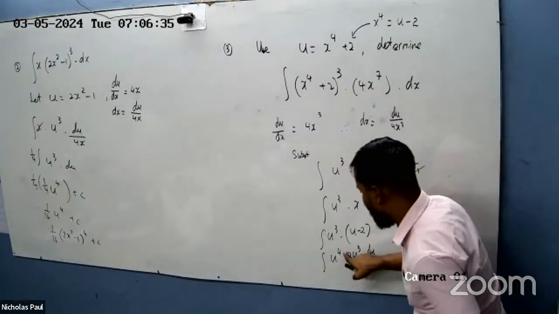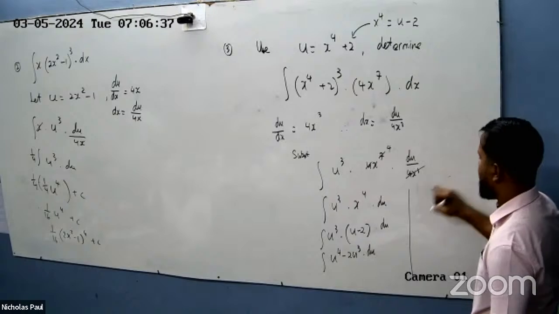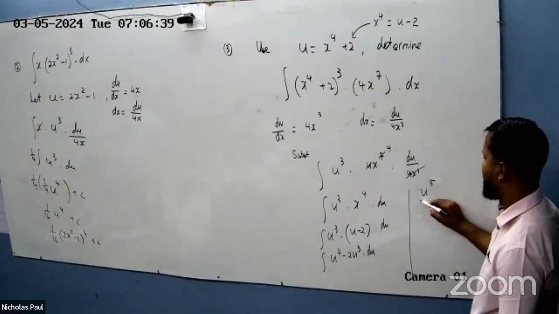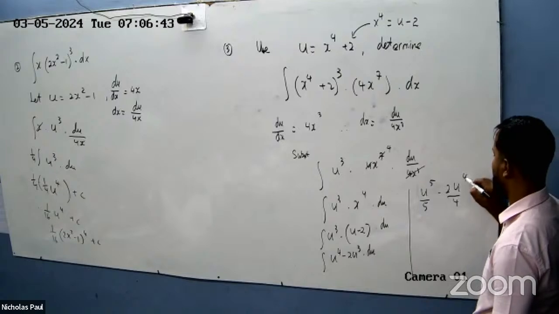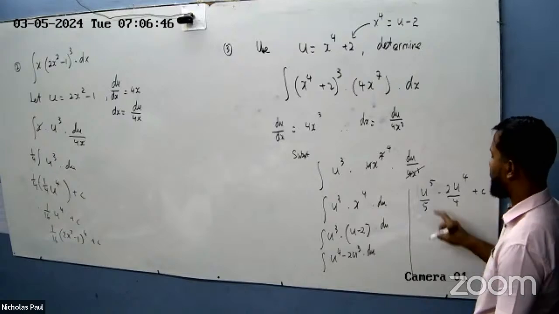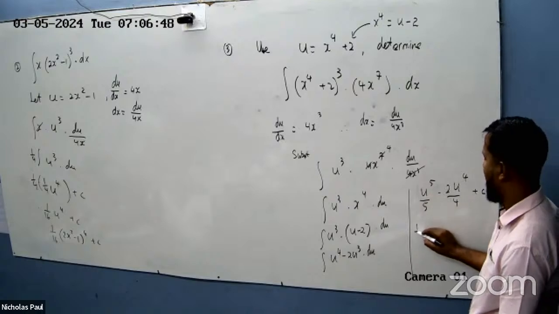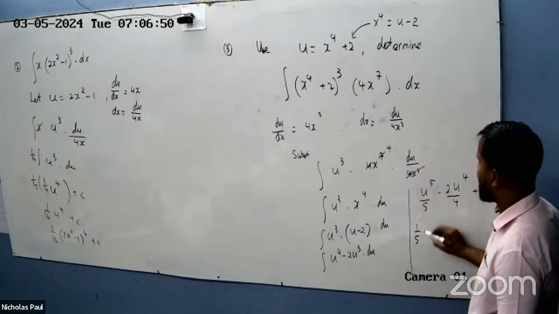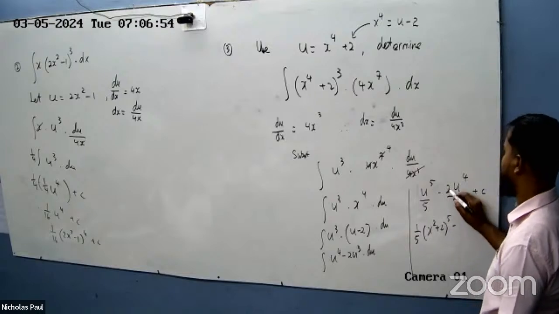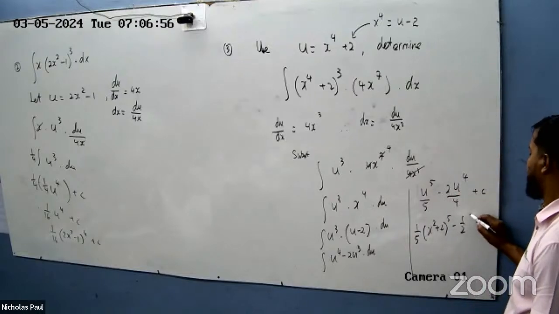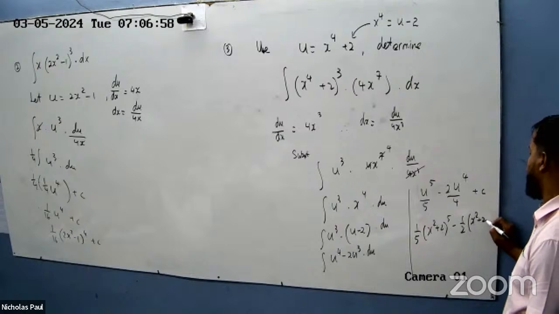That would be u to the 5 on 5 minus 2u to the 4th on 4 plus c. Now what is u? u is x squared plus 2 all to the 5. 2 over 4 is a half, x squared plus 2 to the 4.